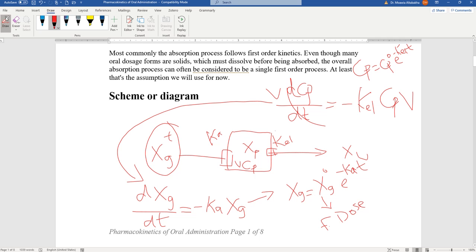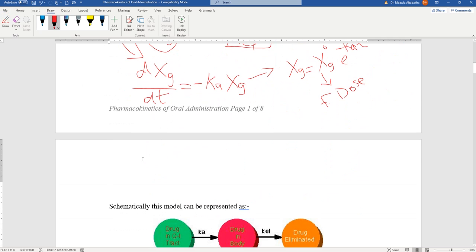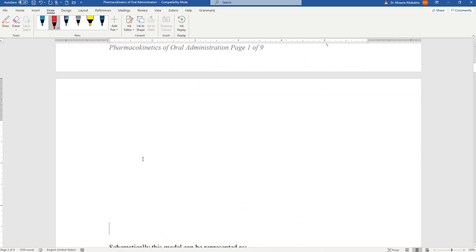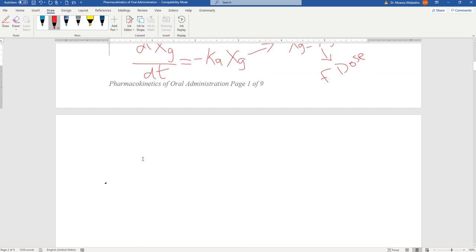Then let us write the equation now after we have all this information. So let me write the equation.